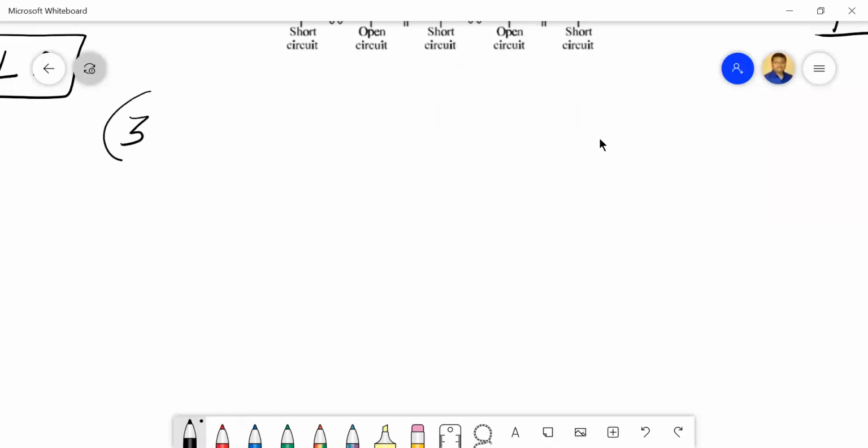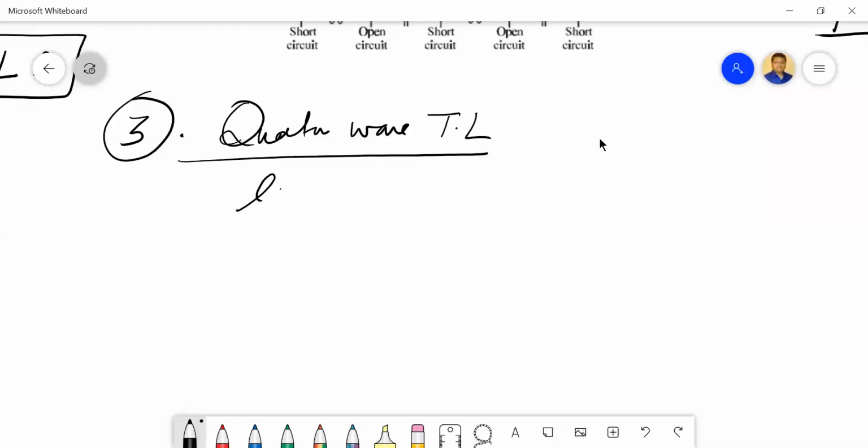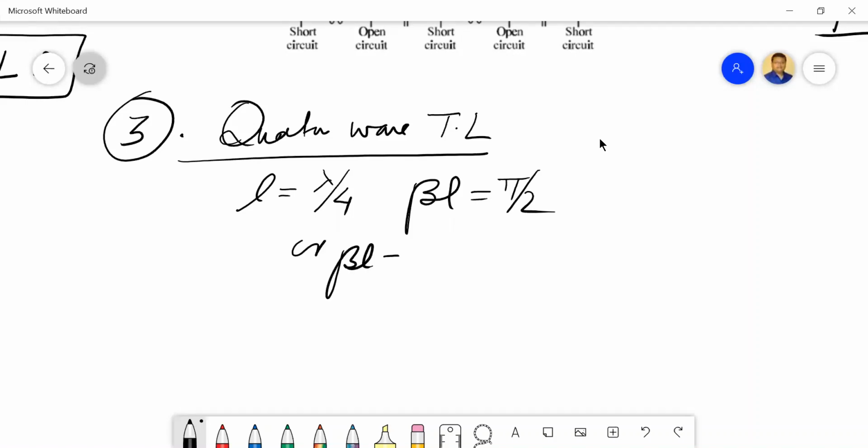Now another case is the quarter wave transmission line, which means L is lambda by 4. It means that βL will be pi by 2. You are supposed to recall your input impedance formula, or you can also express L as an odd multiple of lambda by 4, that is, (2n minus 1) lambda by 4.